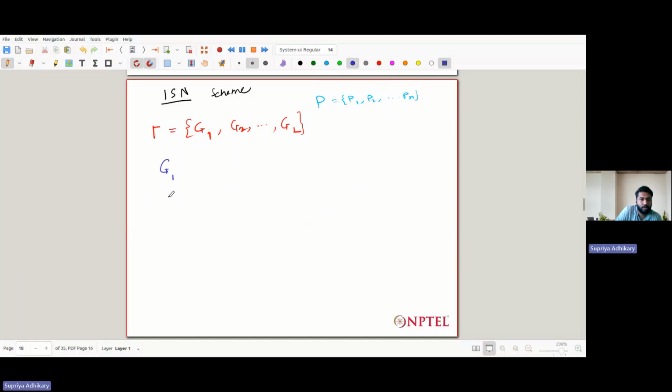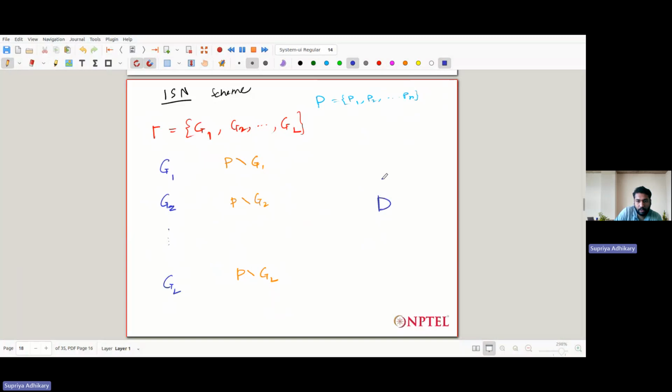So in this scheme, first we write down all the sets in the adversary structure, and we take the complement of those sets. So there are L many sets over here.